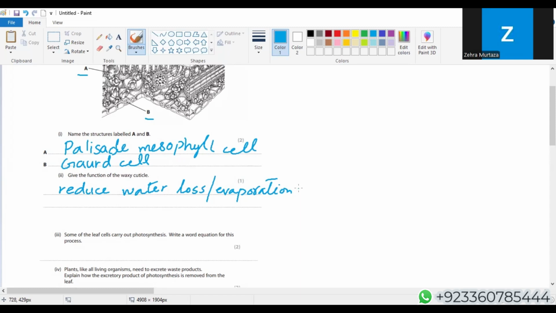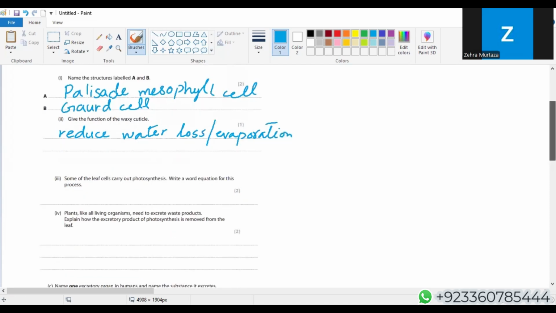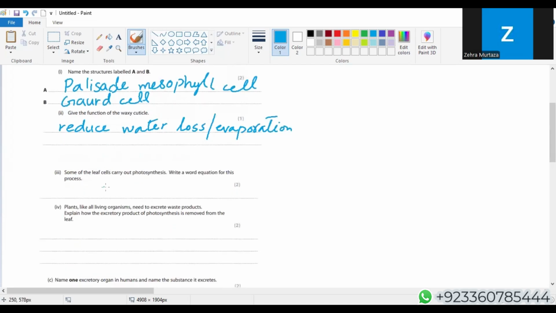So that's it. The next question is, some of the leaf cells carry out photosynthesis. Write a word equation for this process. This is also a very easy question.